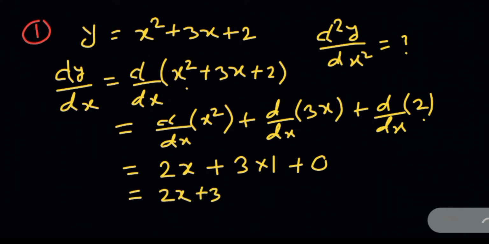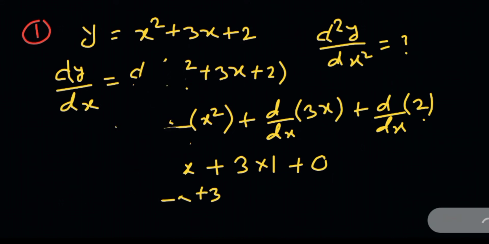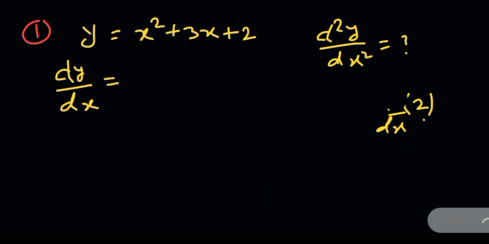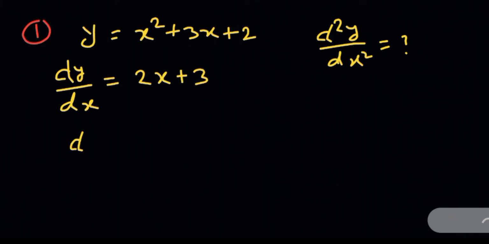So dy upon dx will be 2x plus 3. I am erasing all these things and will write the solution here. We got dy upon dx as 2x plus 3. Now I will do the double derivative.